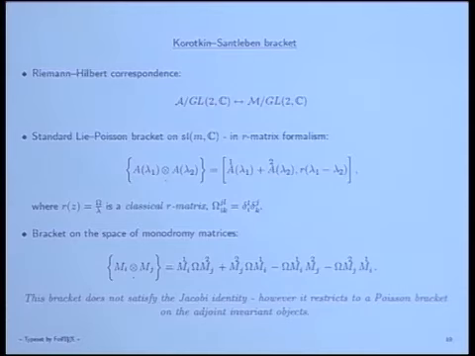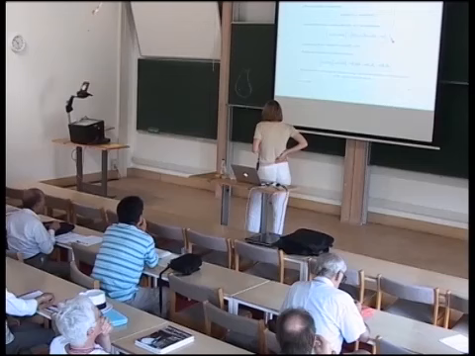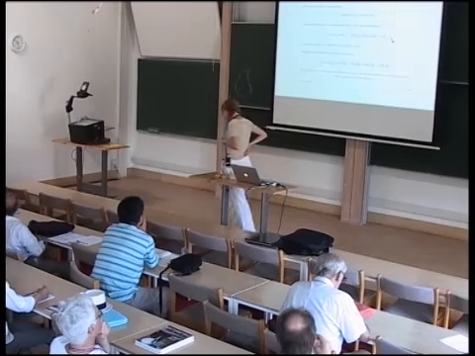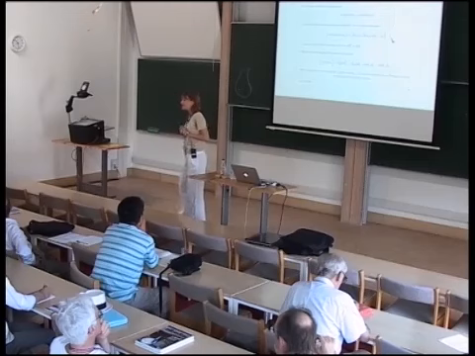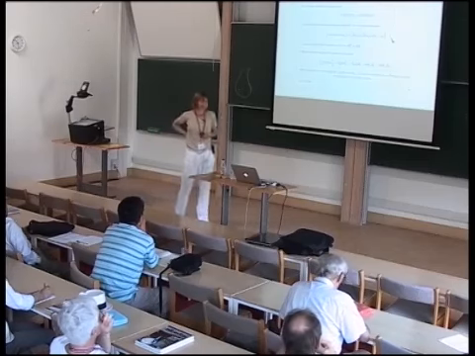Right. Is there an intuitive way to understand why the Riemann-Hilbert correspondence doesn't preserve the Jacobi? Intuitive way to understand. Well, I mean, if you're already lucky that it actually works, you know.